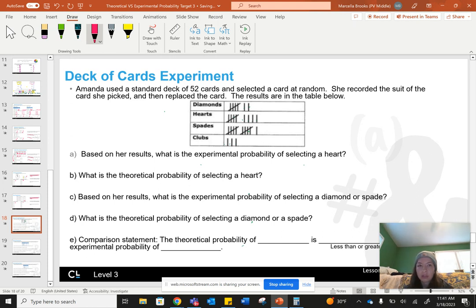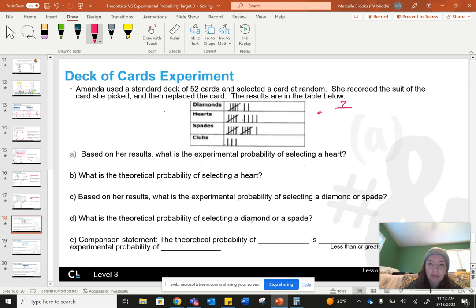So Amanda used a standard deck of 52 cards and selected a card at random. She recorded the suit of the card she picked and then replaced the card. The results are in the table below. So to do experimental probability, you need to add up all these. So we have 7 here. So the experimental probability of diamonds is 7 over something.